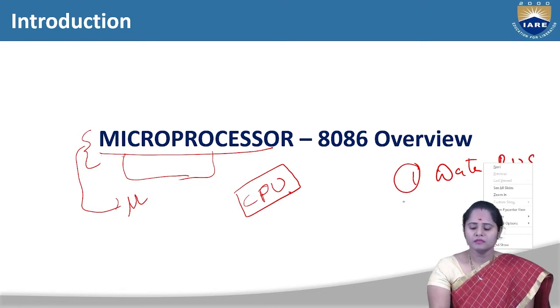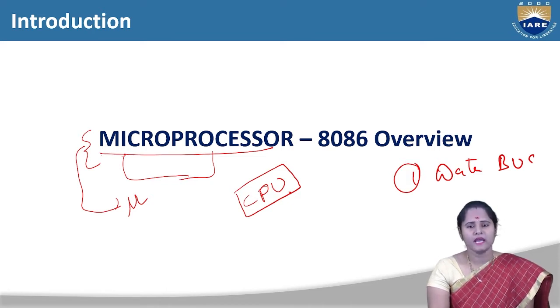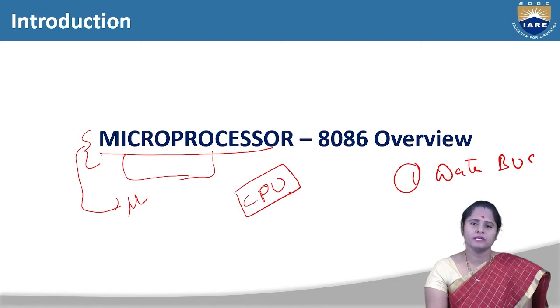The width of the data bus defines how many bits the data bus can carry, that is, how many bits can be processed by the microprocessor.